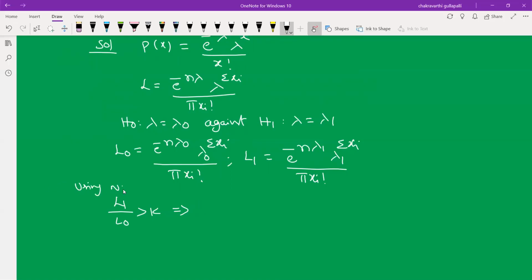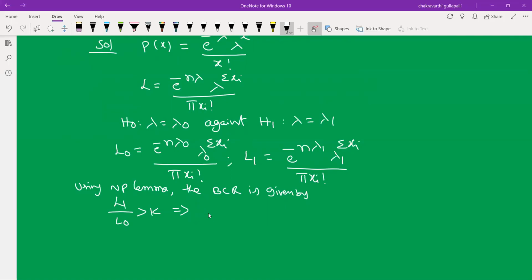Using the NP lemma, the best critical region is given by L1 by L0 greater than K.